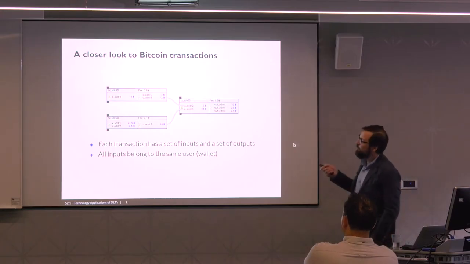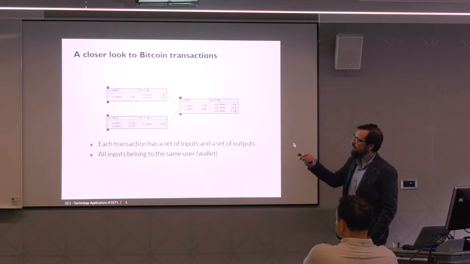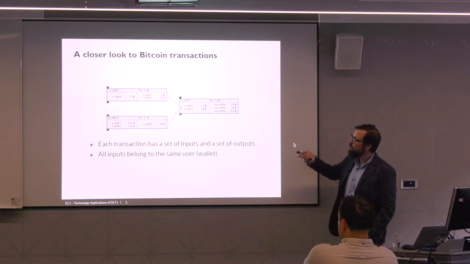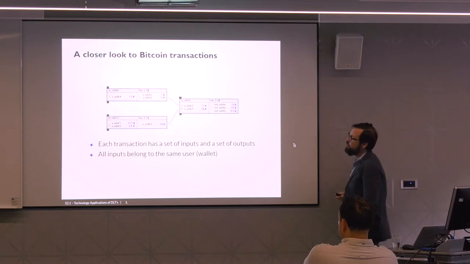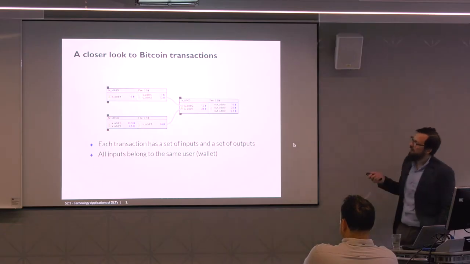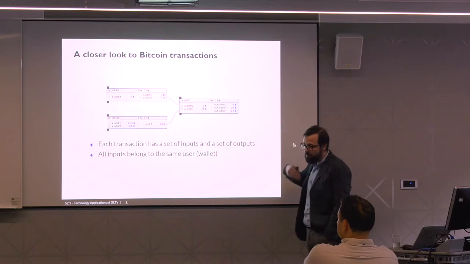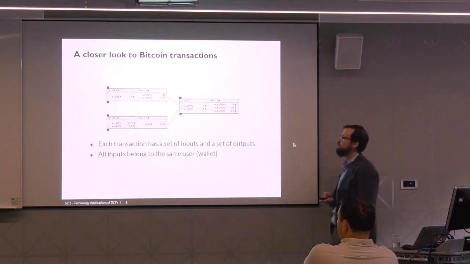Every time, therefore, that you look at the Bitcoin blockchain until 2017, and most of the transactions afterwards, actually, every time that you identify multiple addresses in a Bitcoin transaction, all the input addresses in a single transaction, in general, belong to the same user.